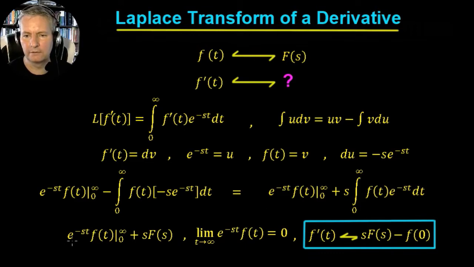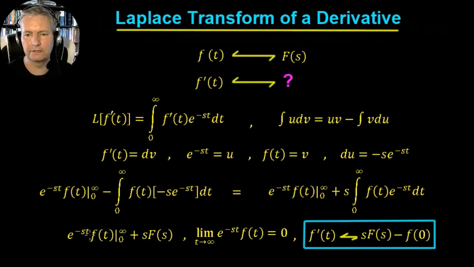Now we can see that we've designed the Laplace transform so that the limit as t tends to infinity of our function e to the minus st f of t must equal 0, so it must converge as t tends towards infinity. So from this part of the equation here, when we put infinity in for t, we're going to get a value of 0.